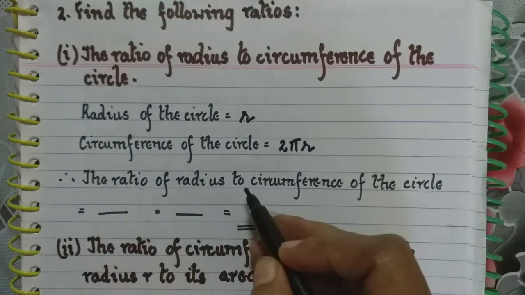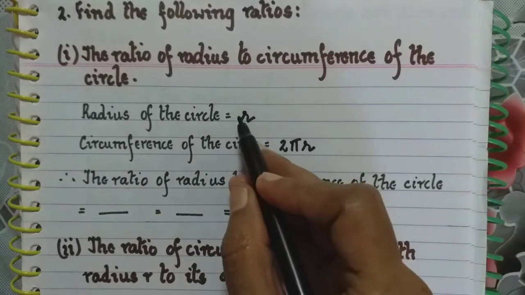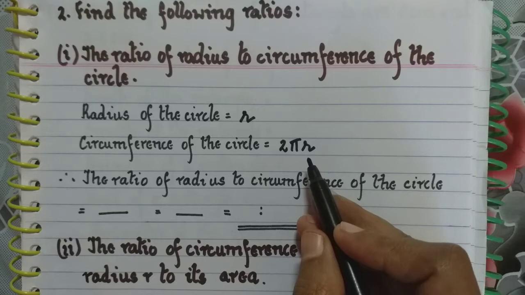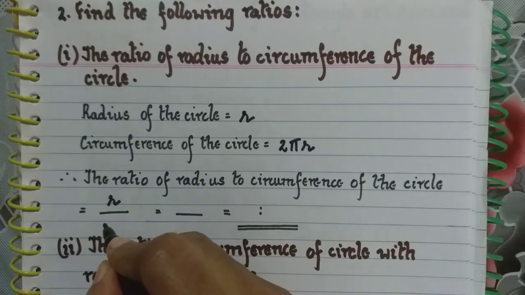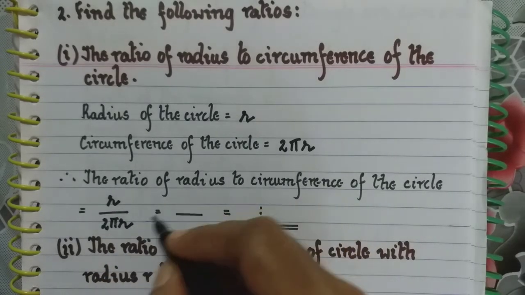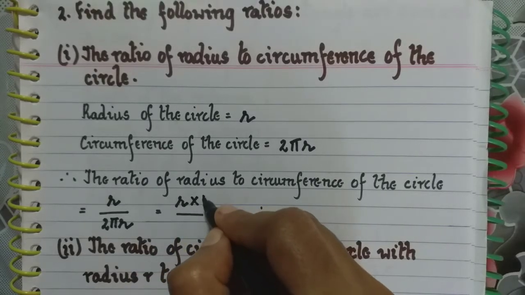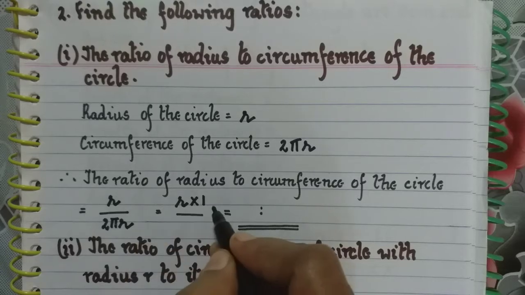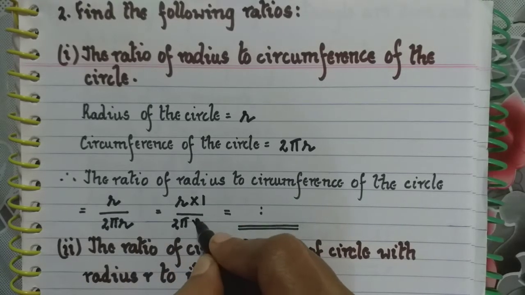So the ratio of the radius to circumference of the circle will be r upon 2 pi r. So I write here r upon 2 pi r. Now what happens here? We can write it as r into 1. R into 1 is r, so I have written r into 1. I can write this as 2 pi into r.